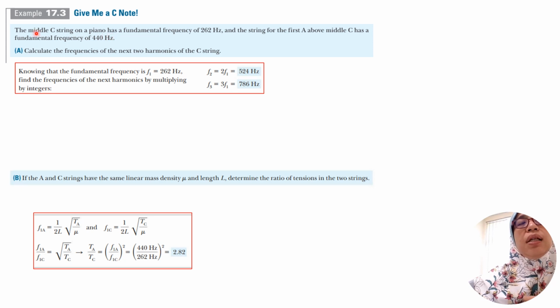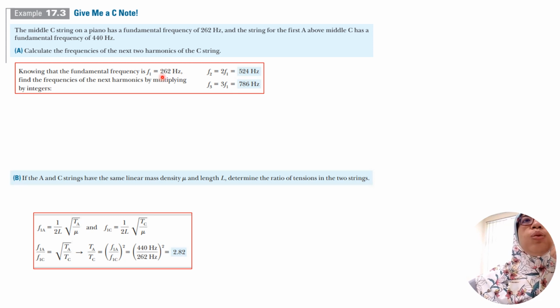So what does it say here? It says that the middle C string on a piano has a fundamental frequency of 262. And then another string, the string for the first A above middle C, has a fundamental frequency of 440. Alright, so focus on the C string, which is 262. They want the frequency of the next two harmonics, meaning F1, F2, F3.